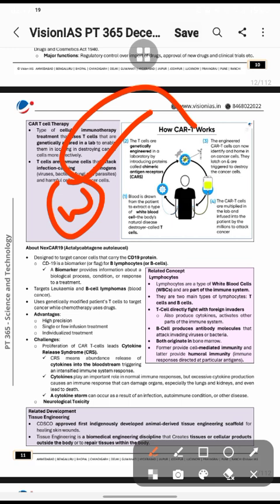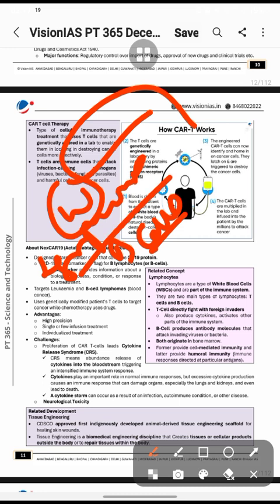The CAR T cells are multiplied in the lab and then infused into the patient, designed to target a protein on lymphocytes. Biomarkers provide information about the biological process. B cells, the lymphomas. So that was a high-precision, single infusion, individual treatment.